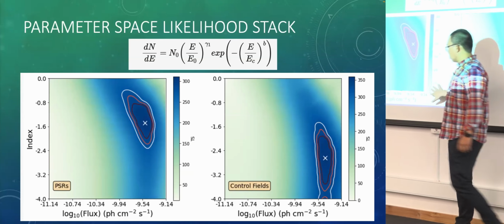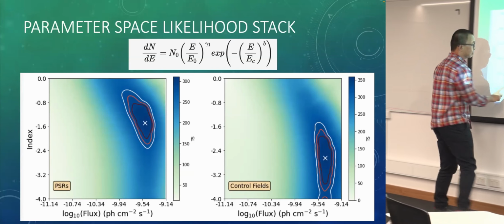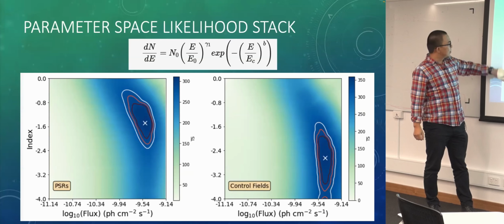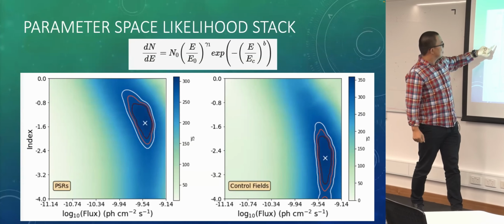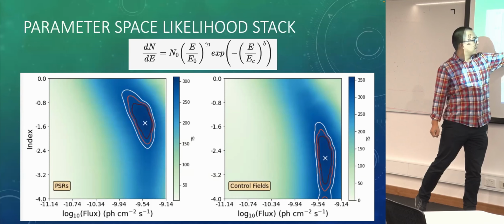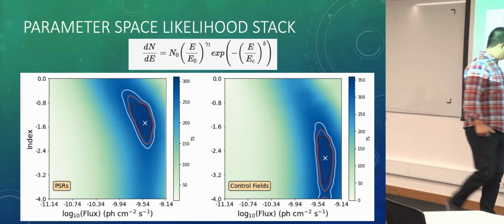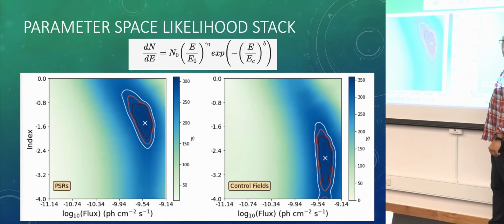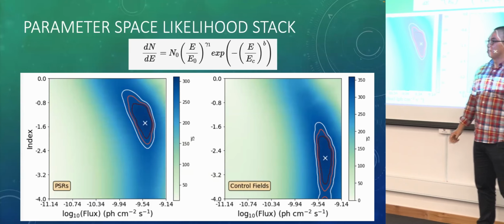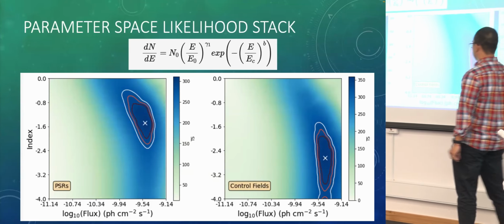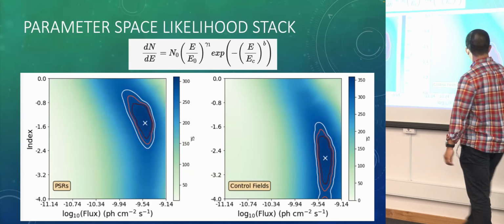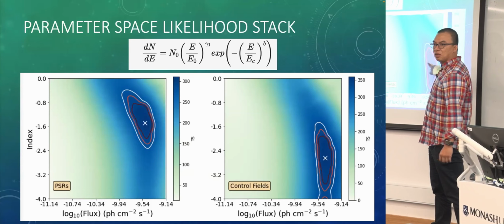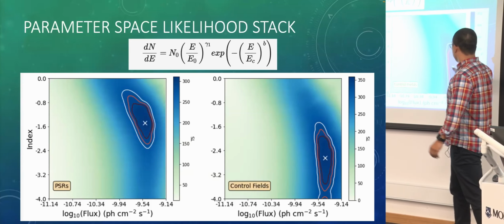So this is for all of the 360 pulsars stacked together, and we can see that it has an index before the cutoff at about 1.6, and the flux converts to about, I think, 3 times 10 to the minus 10 photons per square centimeter per second.